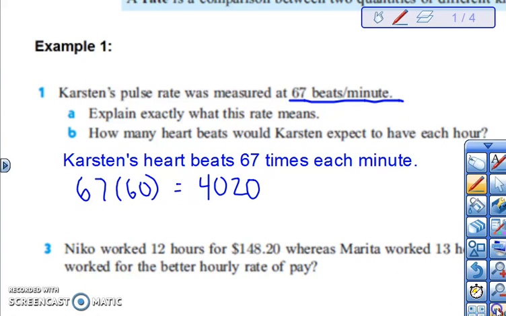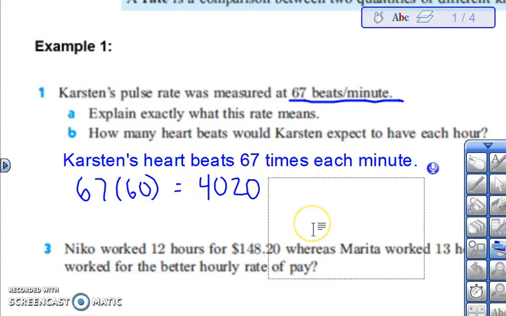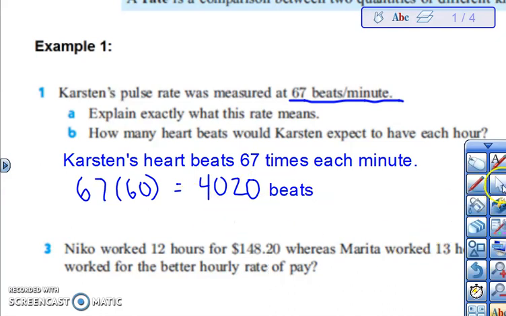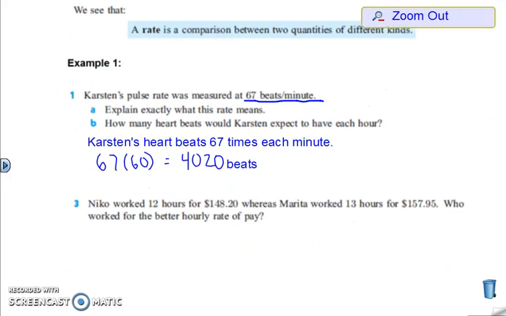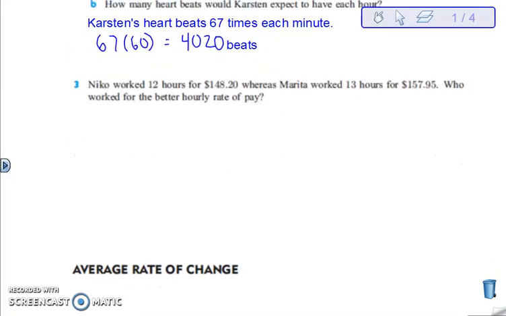And when we're dealing with these types of things, we always want to include a unit, so that is 4,020 beats. All right, I will let you work the next example, or problem number 3.